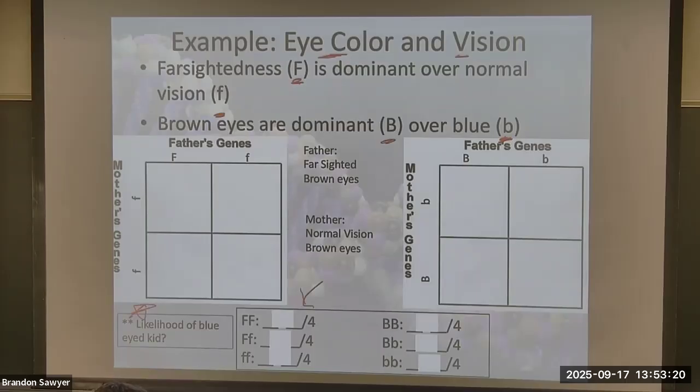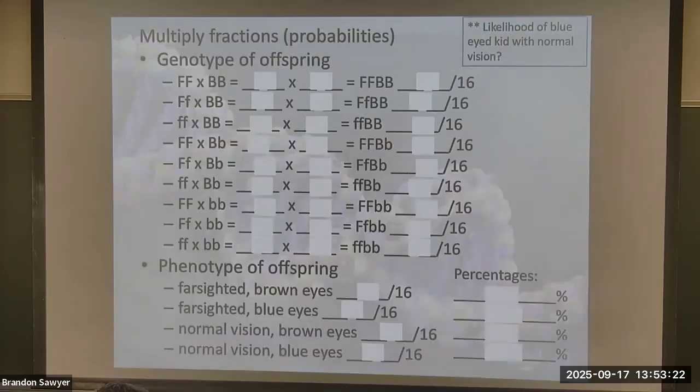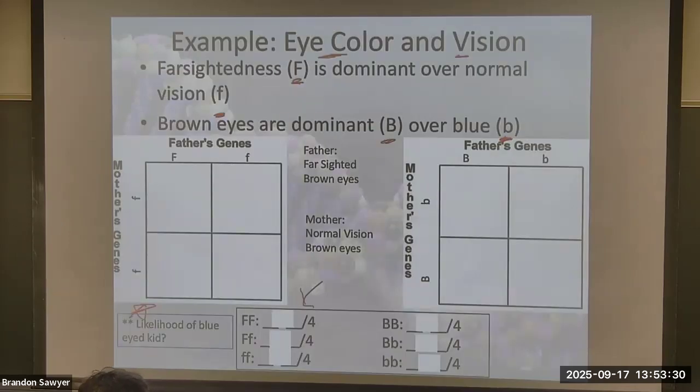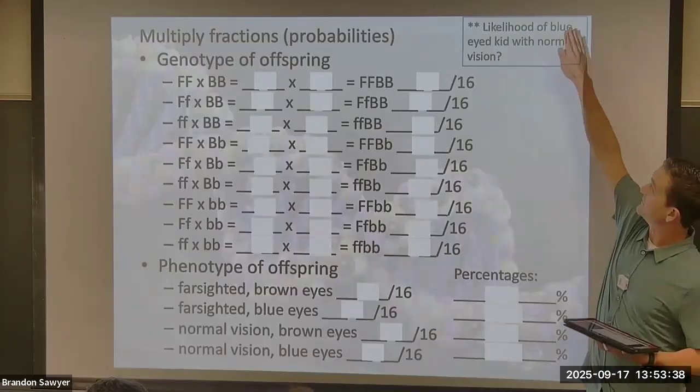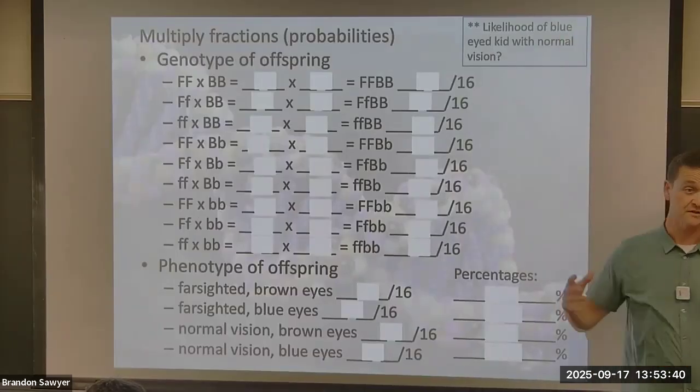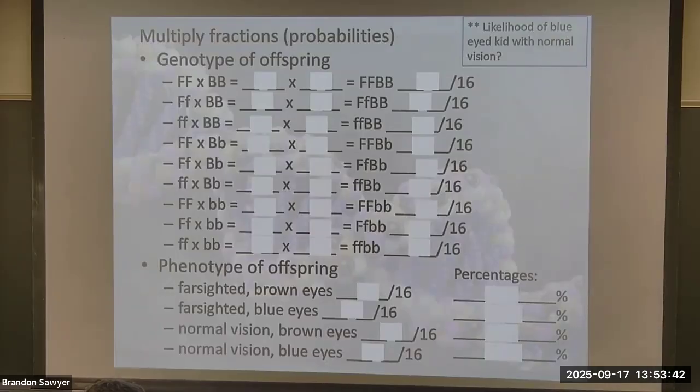And if you're done with that and we haven't gone on yet, you can start filling this out. Then we're going to combine the probability of each of them. The first one, you're just answering the question about the probability of the eye color only. But then here, we're going to answer the question of both. What's the likelihood of having a blue-eyed kid with normal vision? At that point, we're going to multiply those fractions together. But let's just start with the first part.